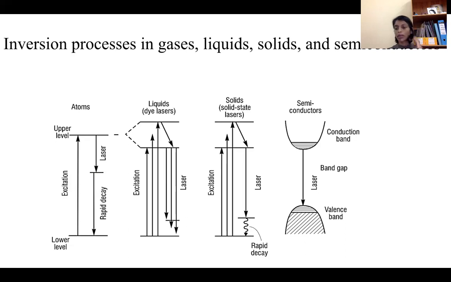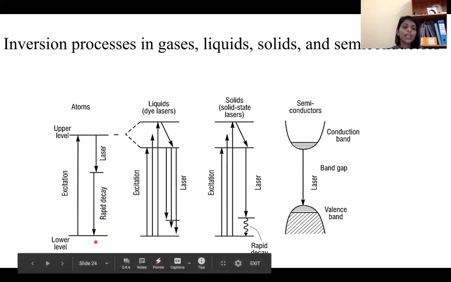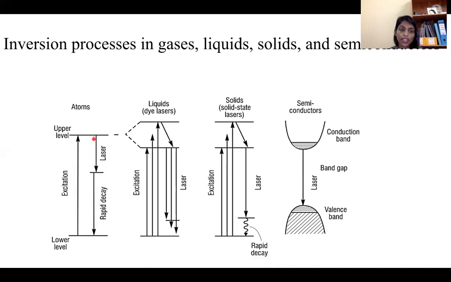But normally we have an upper laser level that has a shorter lifetime, and then they drop back to an intermediate level, and then rapid decay down to the lower level. So lasing action here, because the population inversion occurs at the upper level if the metastable is the upper excited level.